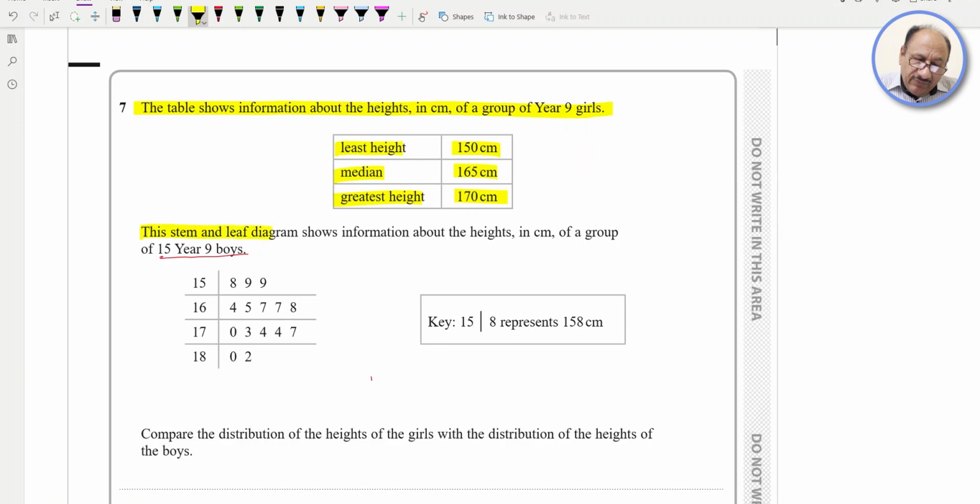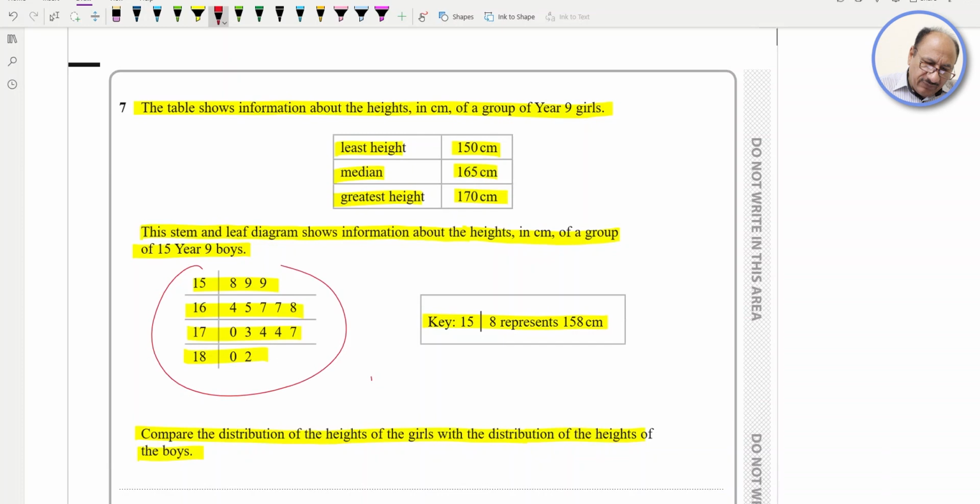This stem and leaf diagram shows information about the heights in centimeters of a group of 15 year 9 boys. So this is the stem and leaf diagram they have provided, and this is the key also provided. Compare the distribution of the heights of the girls with the distribution of the heights of the boys. So we have to compare. So this stem and leaf diagram is for the boys.